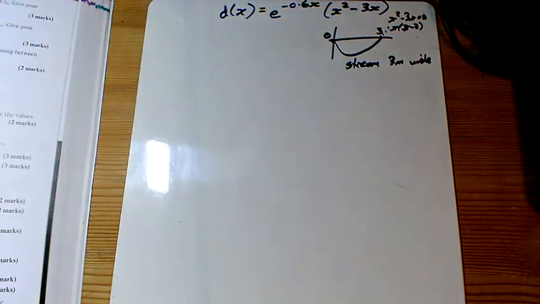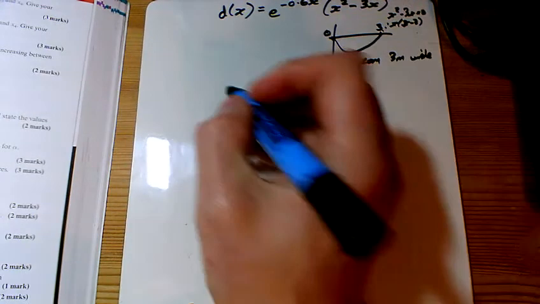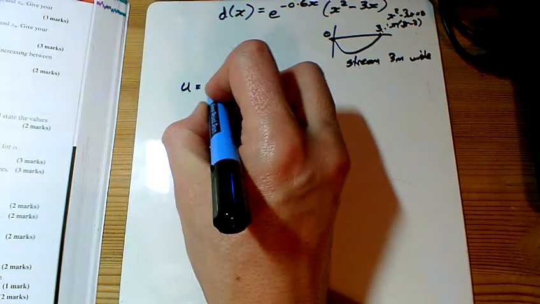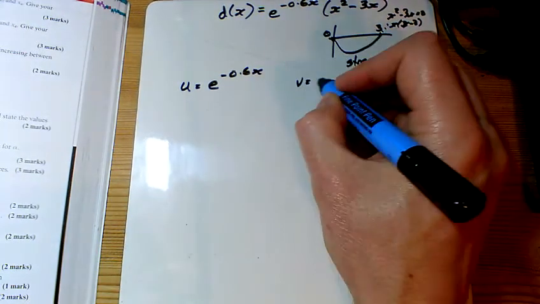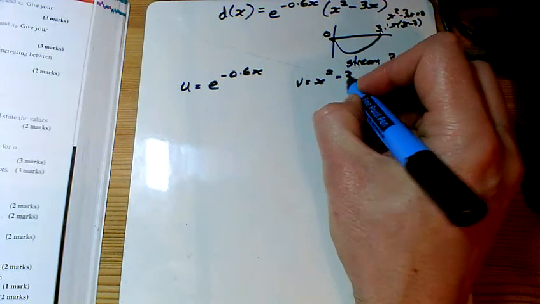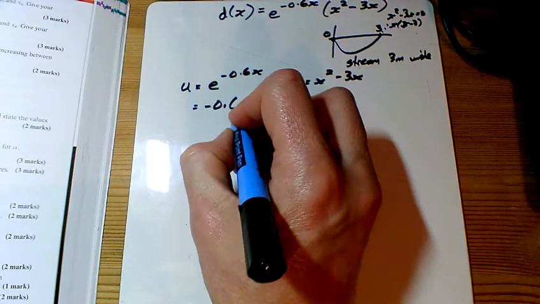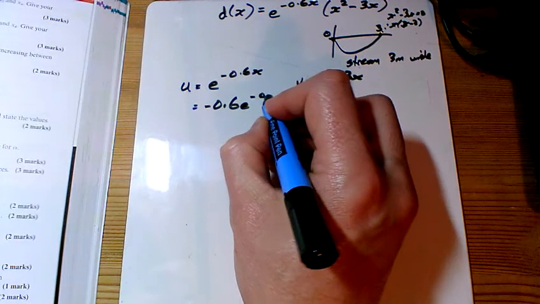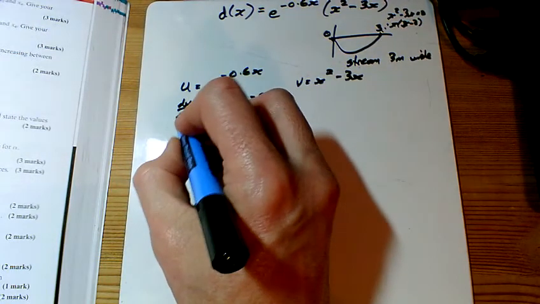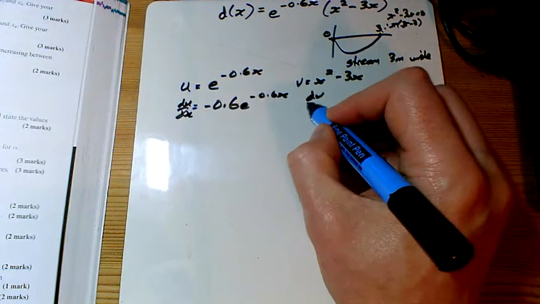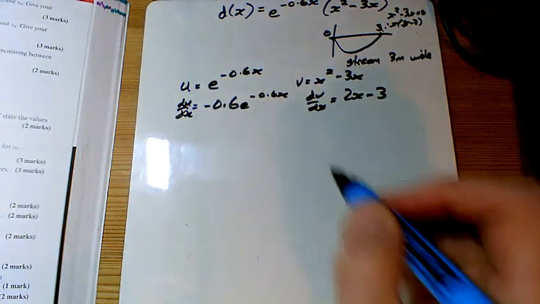Now, part B asks us, of course, to differentiate this thing. So we've got a differential here with a product rule. So u equals the first bit, and v equals the second bit. Differentiating u just gives us minus 0.6 e to the minus 0.6x, and differentiating v, dv by dx, is 2x minus 3.